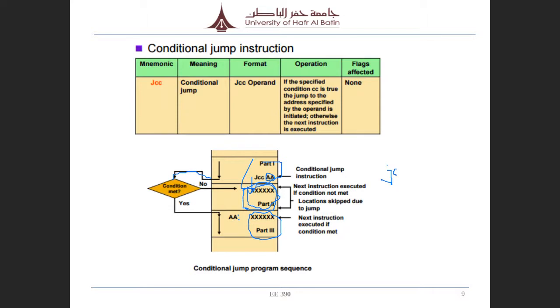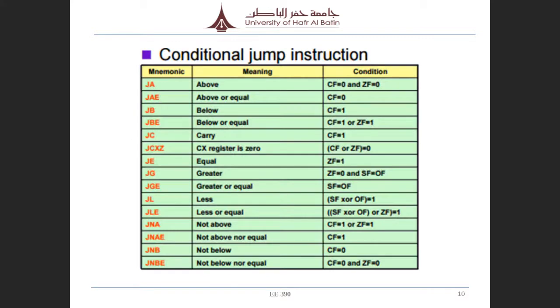That means some condition will be checked. If it is fulfilled, then it will do a jump, and when there is a jump, some instructions will be skipped. But when the condition is not met, it will go to the next line. This is the thing. Already we used it in some programs.